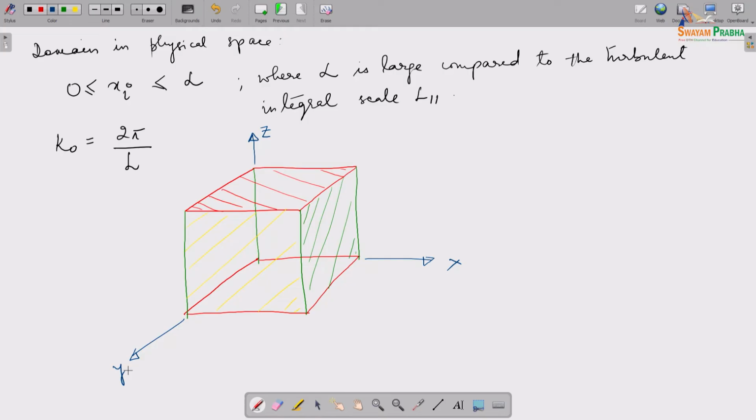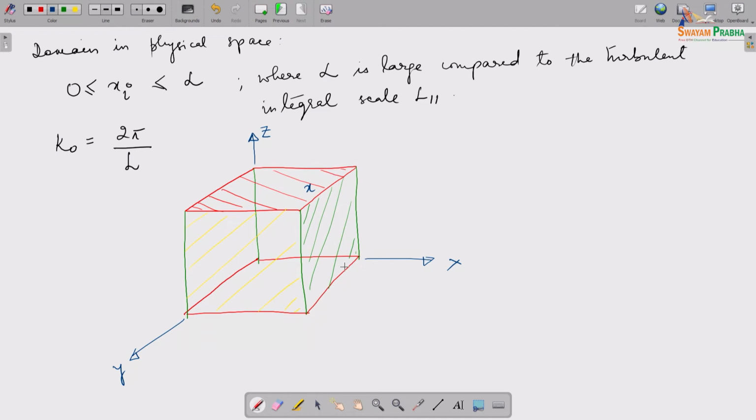Let's say this length is x1, then this is equal to x2 and this is equal to x3.